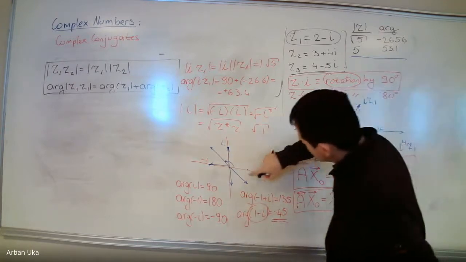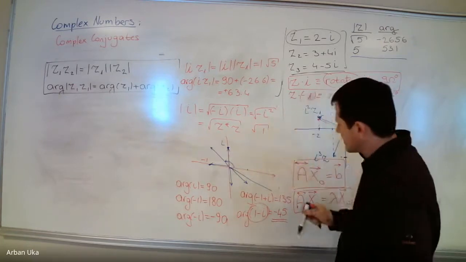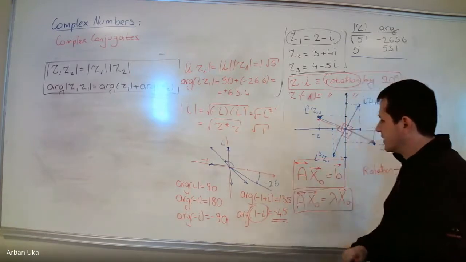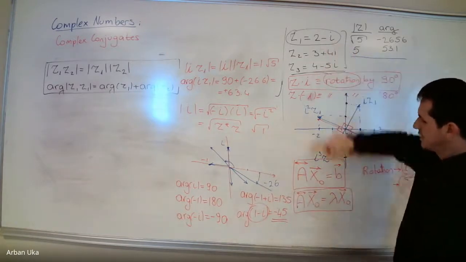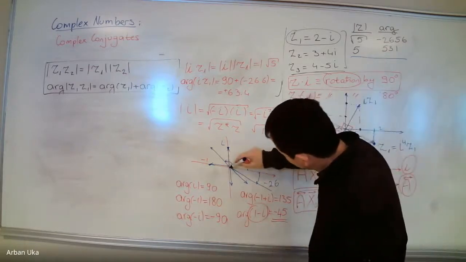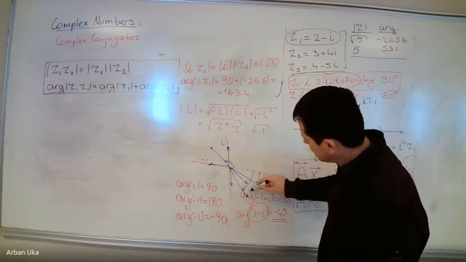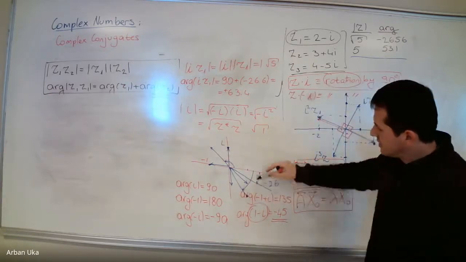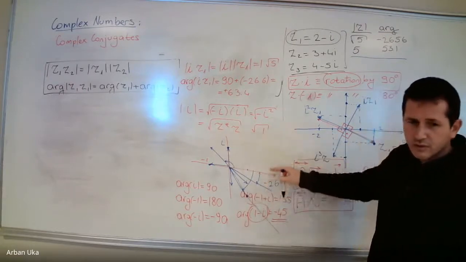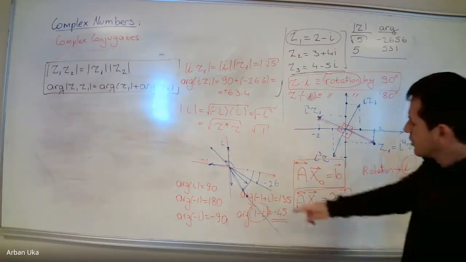Minus 26 is, this is 45, 26 is probably an angle around here. Maybe this is not precise. So this is minus 26 approximately, which is Z1. We multiply with this number, so we go another minus 45, so we're going to go somewhere here.